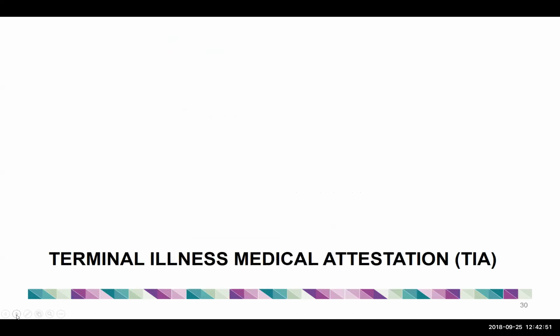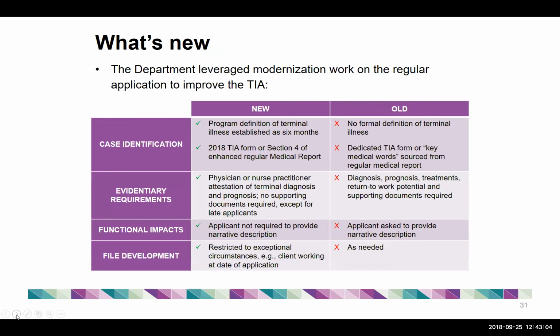Okay, it's now 20 to 1, so I'm going to go through the terminal illness application fairly quickly because I want to make sure we have time for Q&A afterwards. The terminal illness application, again, is to be used in select cases where the prognosis is really not good and you're expecting your patient to probably die within the next 6 months, plus or minus.